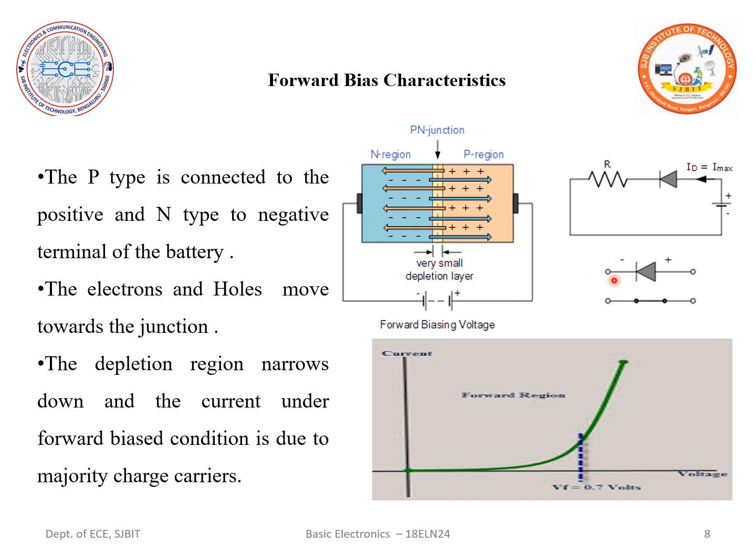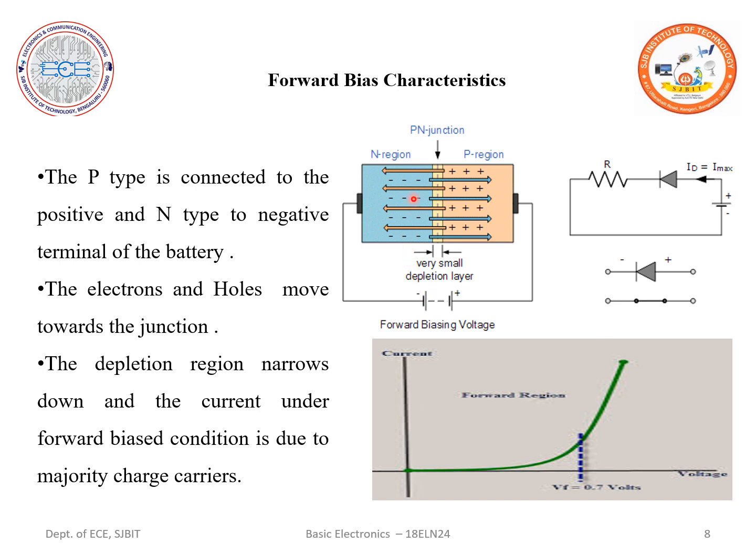The logical symbol of the diode is represented by a plate, which we call the cathode, and the arrow indication says it is the anode. Once the P region is connected to positive and the N region is connected to negative, we say it is a forward bias condition.